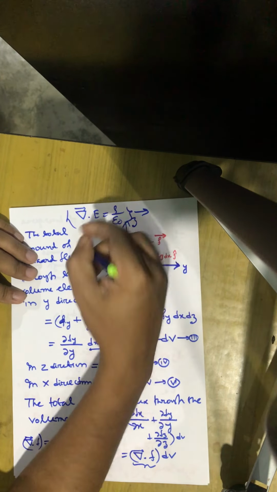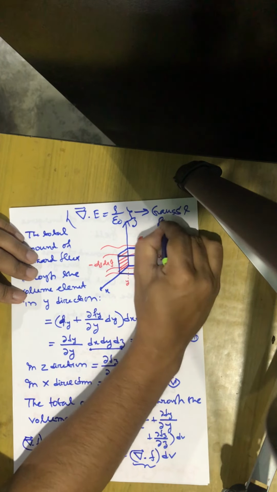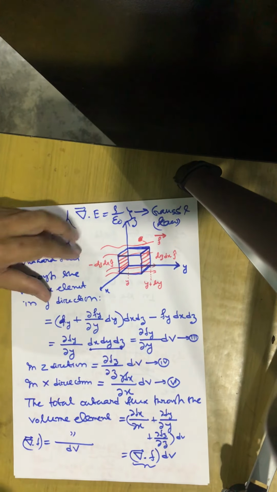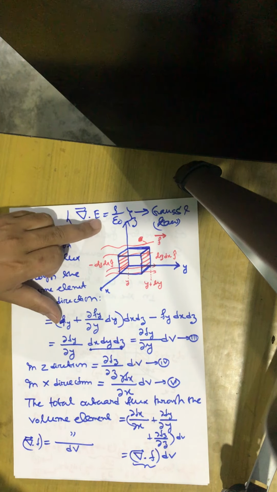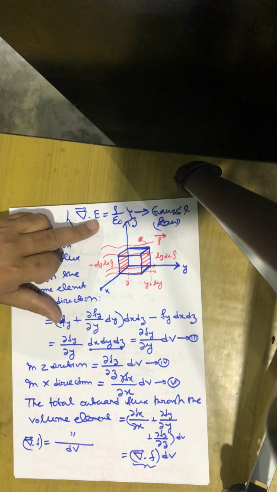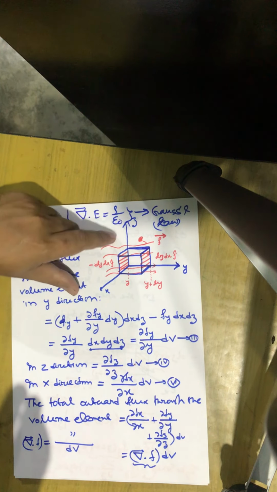This is the statement of Gauss's law in differential form. So the divergence of an electric field is equal to rho over epsilon naught. Here the divergence of the electric field means the total flux of the electric field per unit volume, and that is equal to rho by epsilon naught.